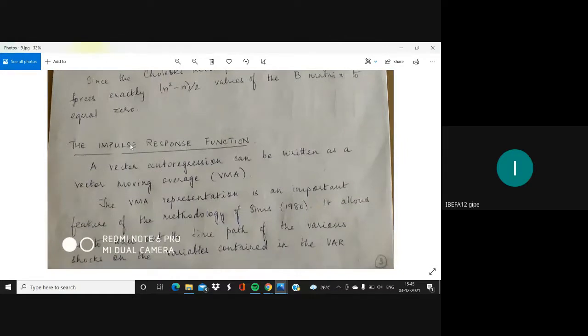Instead, we rely on certain other tools which help us understand how shocks affect the entire system of equations and how shocks affect individual variables within the system. These tools are known as impulse response functions and also variance decomposition. First we'll deal with impulse response functions, and then we'll move on to variance decomposition.